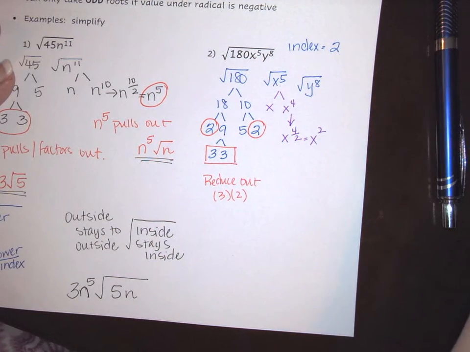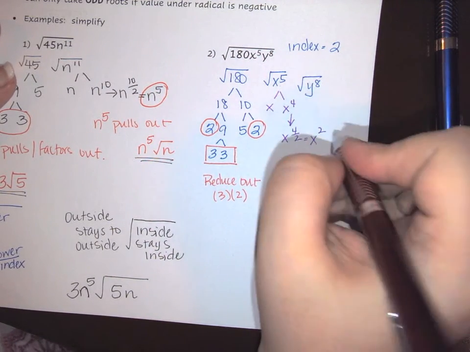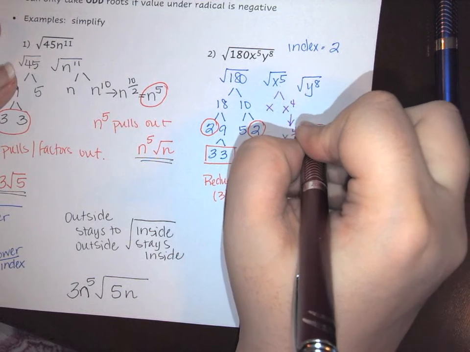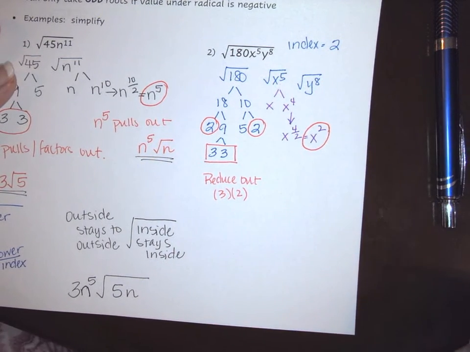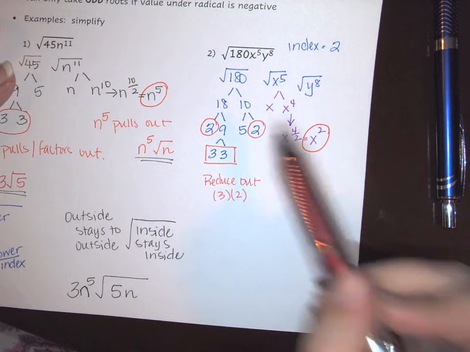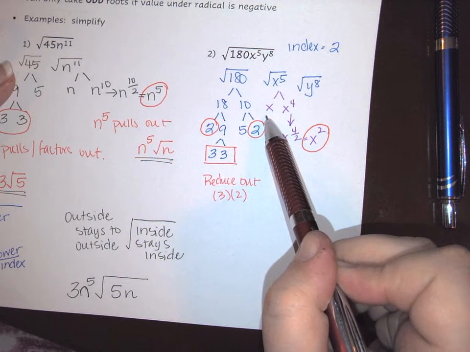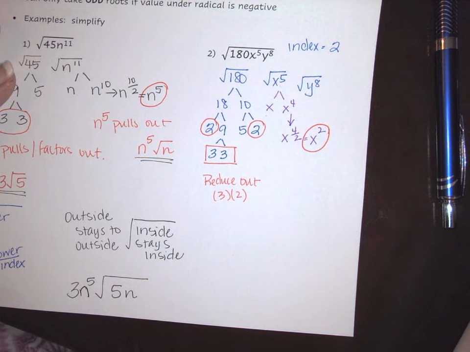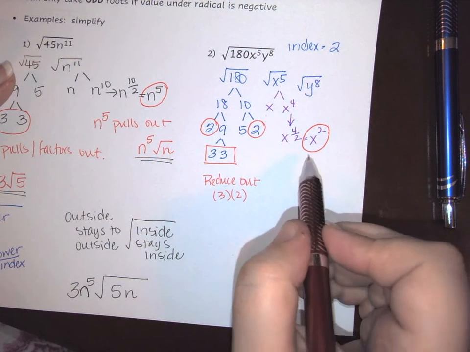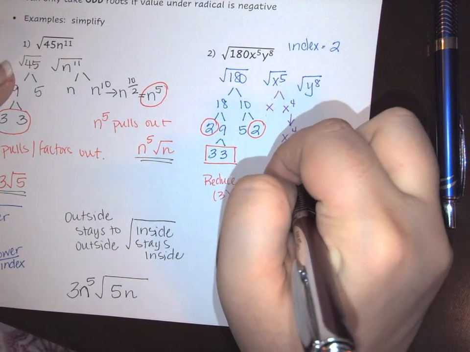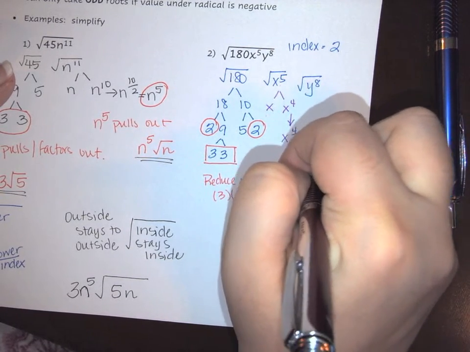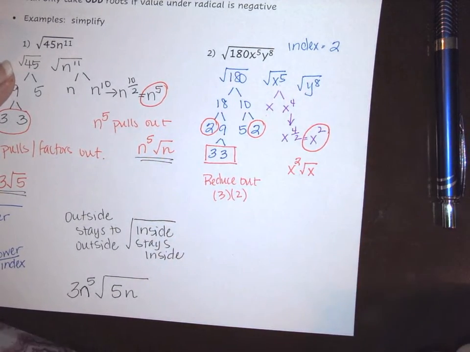So again, like before, I have this x squared that's going to pull out, and the x is going to stay behind. So here, this is going to pull out as x squared, and my square root of x stays behind.